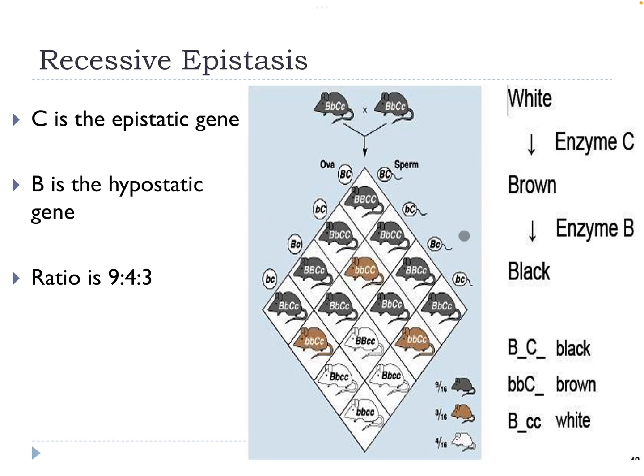So here, you will have black rodents because of the presence of the dominant trait. The C is the epistatic gene, so with the presence of the recessive c, you will have the masking effect. We'll have no color in the rodent, so this is an albino rodent. So the ratio is 9:4:3.